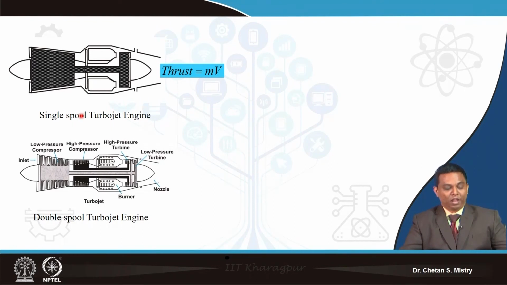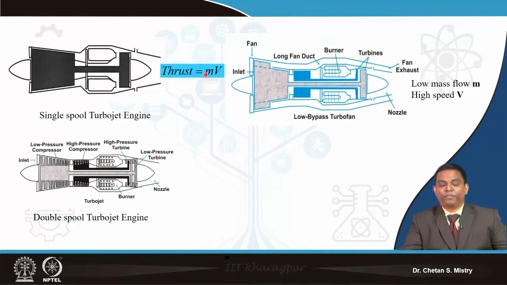Now, as the fundamentals always say, I can improve my thrust by increasing my velocity or by increasing my mass flow rate. So people are talking of different kinds of configuration these days. This is one of the engine configurations, known as the low bypass ratio turbofan engine.